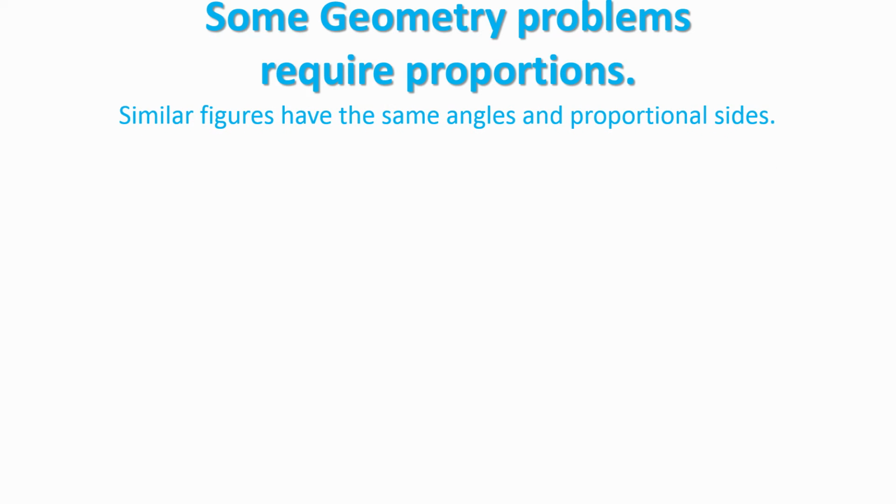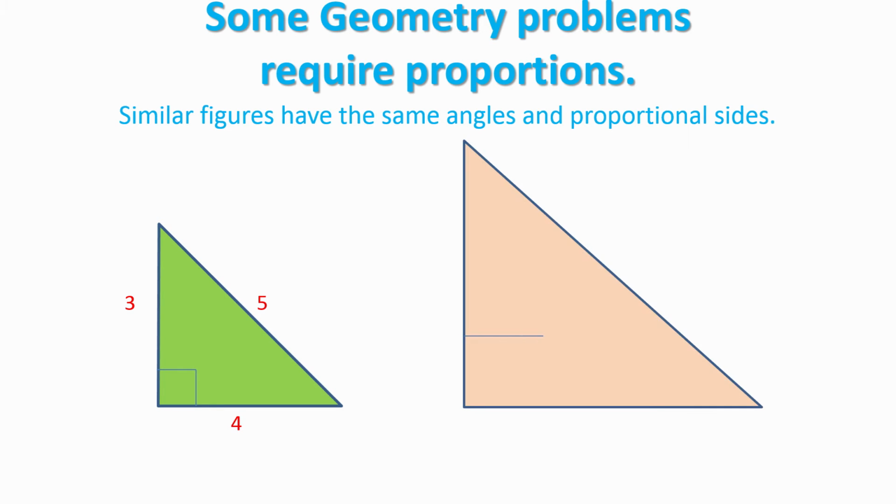Similar figures have the same angles and proportional sides. So for example, if we have a triangle with sides 3, 4, and 5, and another triangle with sides 6 and 8, and we don't know the third side, well, of course, you know that's a Pythagorean triplet. But if you didn't, you would do it with a proportion.